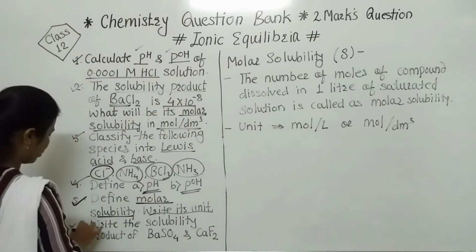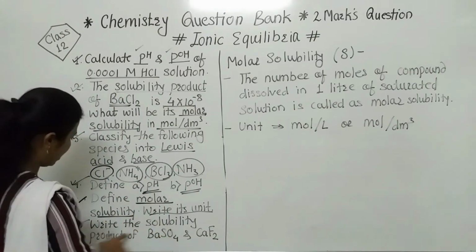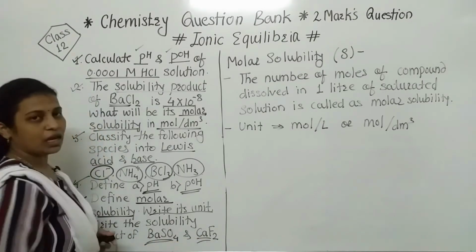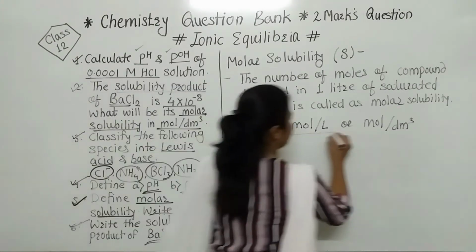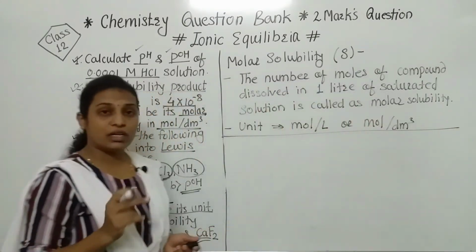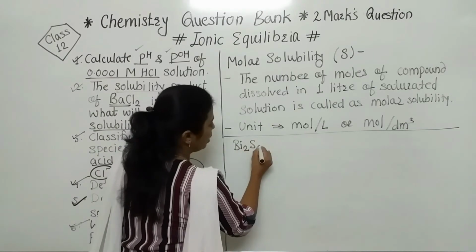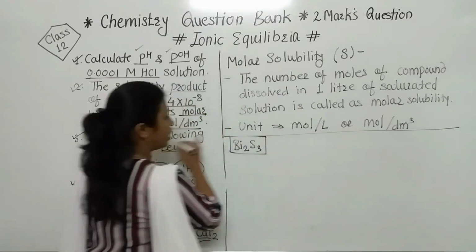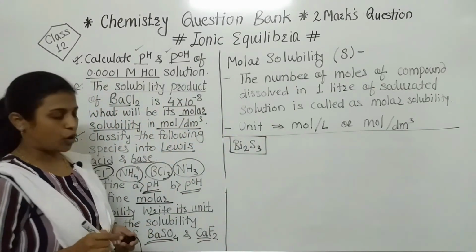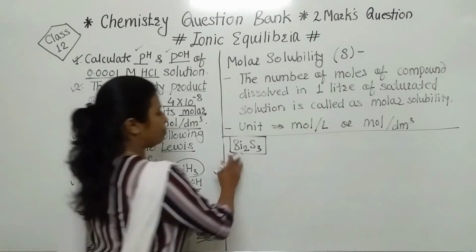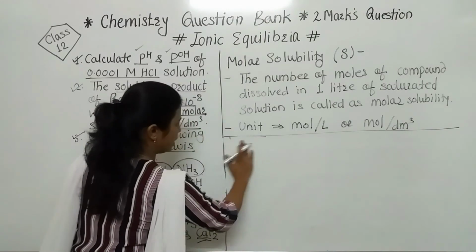Now see the next question: write the solubility product of BaSO4 and CaF2. We have already written it for 1 mark for Bi2S3, and here also we simply have to write the solubility product for BaSO4 and CaF2.